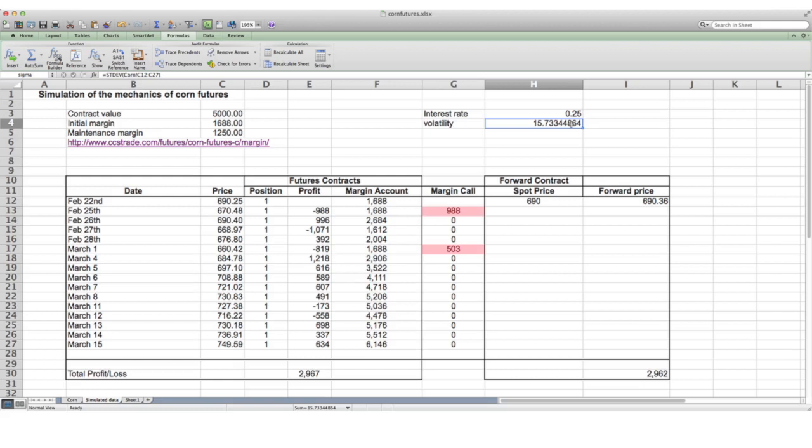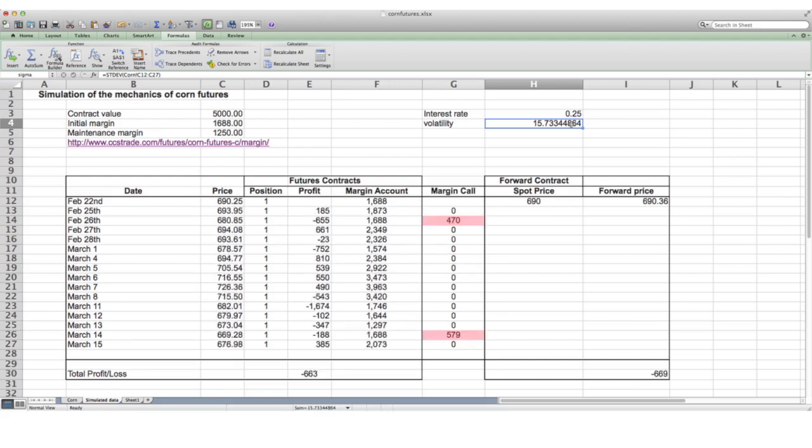The volatility, which is given in cell H4, was computed using the volatility of the historical prices that I'm showing in the previous worksheet. So I used that volatility. I computed a simulation. For those of you who want to do this simulation again, you can just use F9 to create another simulation. So I'm generating several different simulations.